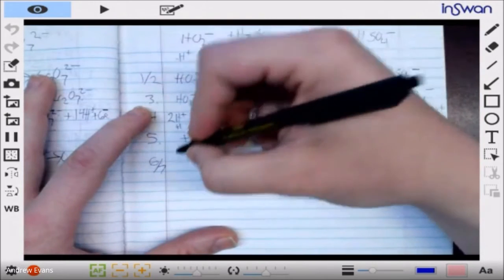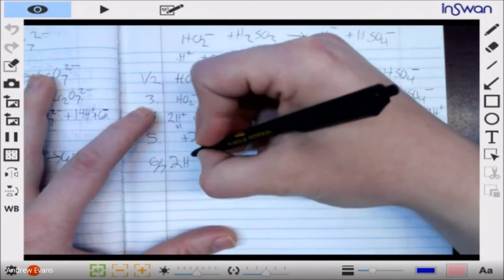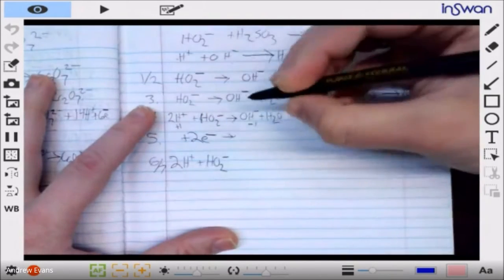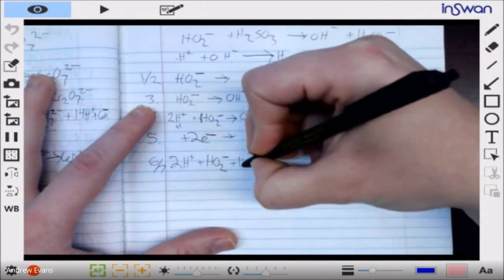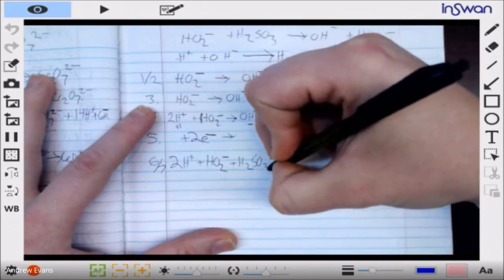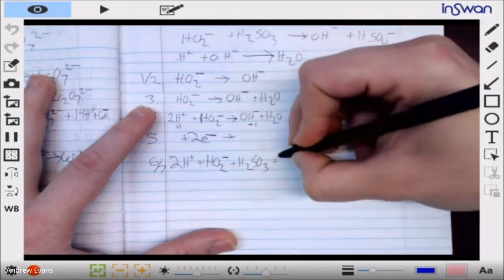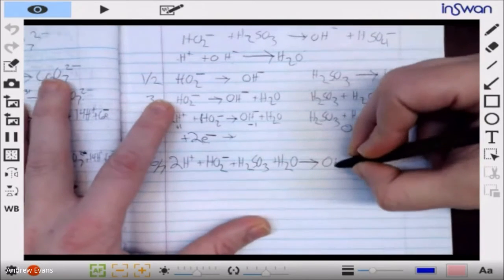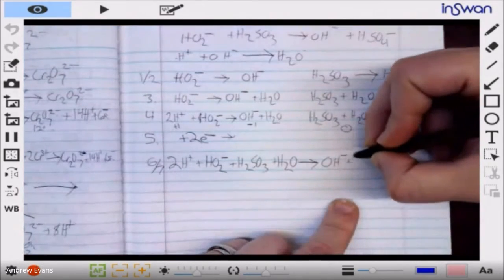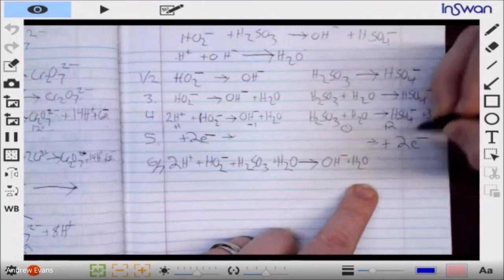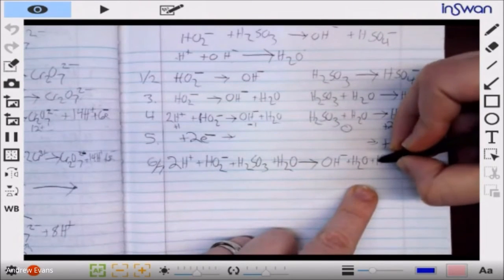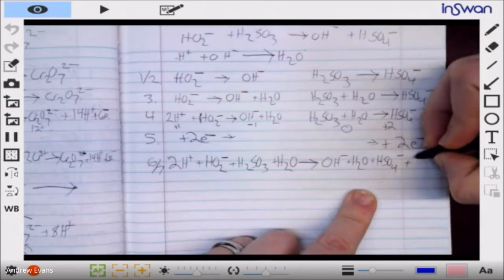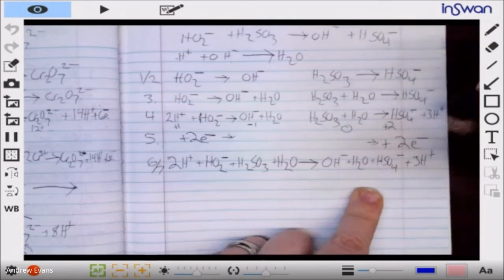We have 2H plus, HO2 1 minus, H2SO3, and H2O goes to OH minus, water, HSO4, and 3H plus.